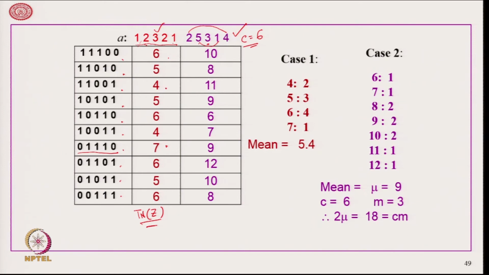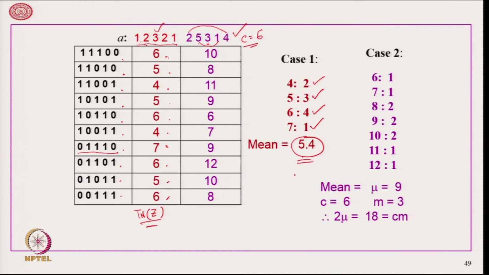We can see that it takes the value 4 2 times, 5 3 times, 6 4 times and 7 1 time, and the mean is coming out to be 5.4, because 6 plus 5 is 11, plus 4 is 15, plus 5 is 20, plus 6 is 26, 30, 37, 43, 48, plus 6 is equal to 54.